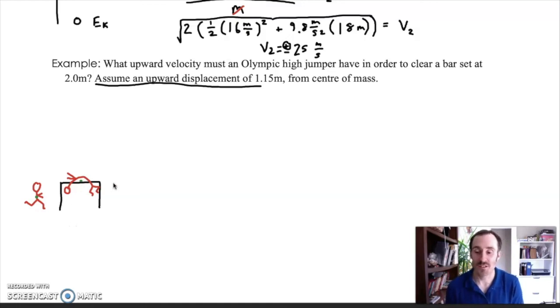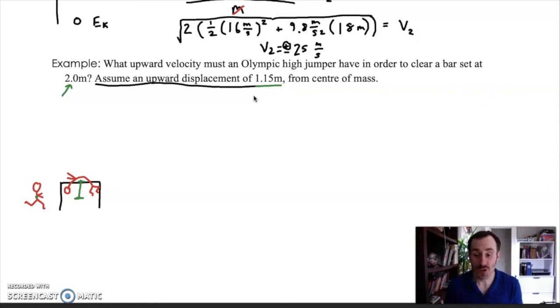Okay, and so what this question is saying is that the distance from the original height of the center of mass to the new height of the center of mass is 1.15 meters. Okay, so that's this part over here, 1.15 meters. So the fact that the bar is set at 2 meters, that's immaterial to the question. You really only need the fact that there's a change in height of 1.15 meters.